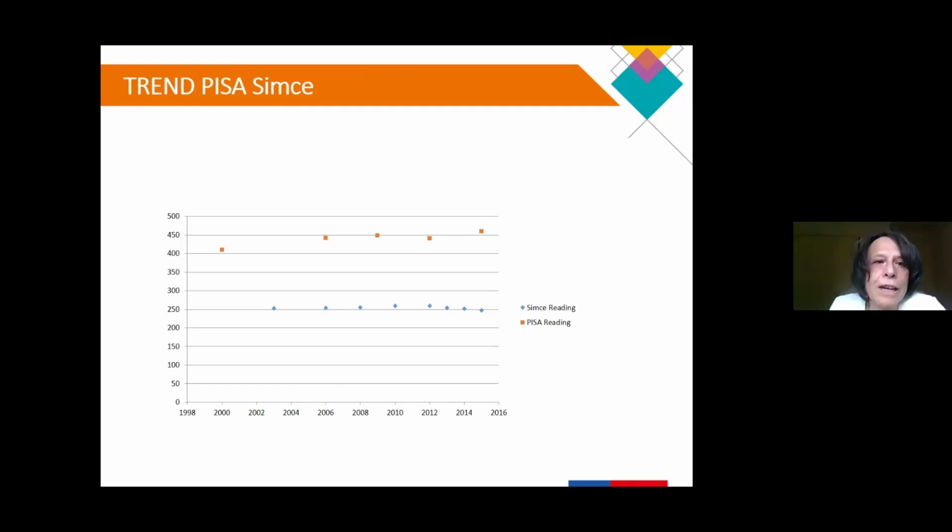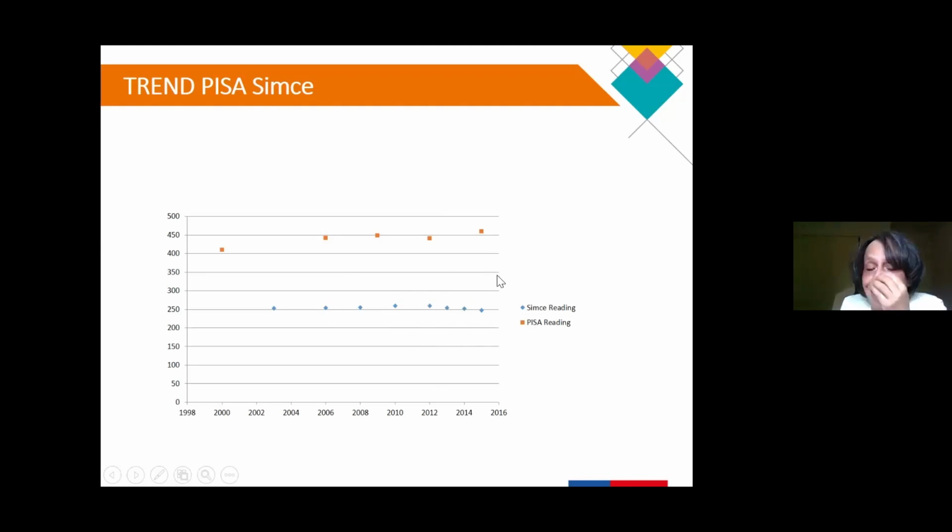In terms of the trend in PISA and SIMSE, we could say that more or less in reading the trends were about the same, but we are a little bit concerned with our national SIMSE reading test, because while in PISA we were going a little bit up in reading, that was not in our national test.